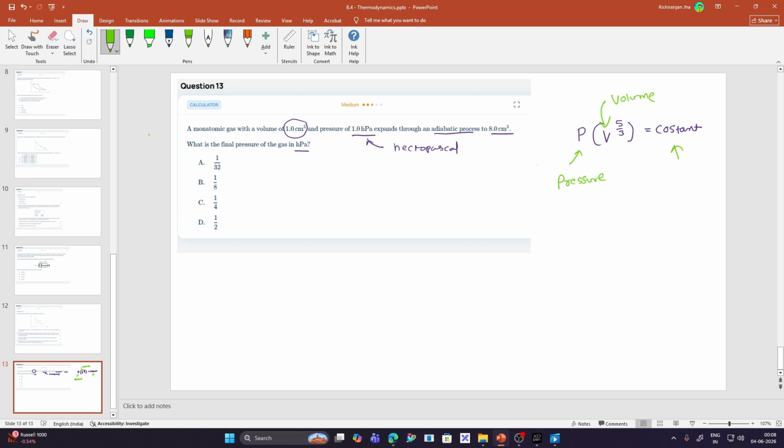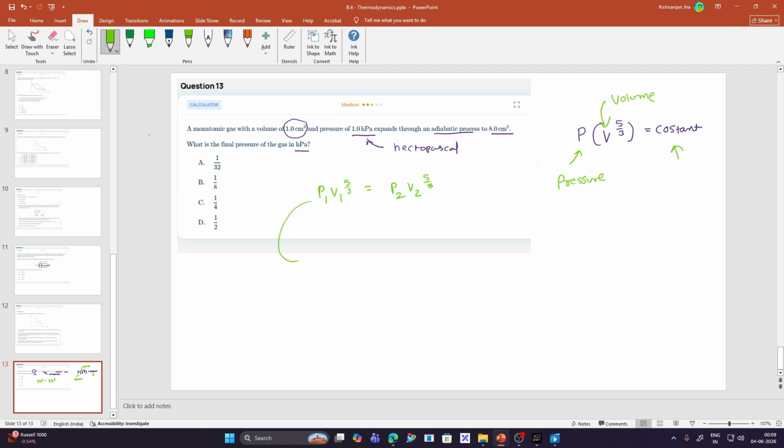So now let's equate and solve this numerical. We have to find the pressure P2, the final pressure in hectopascal. If we write this equation, we can write it as P1 V1 raised to 5 by 3 is equal to P2 V2 raised to 5 by 3.